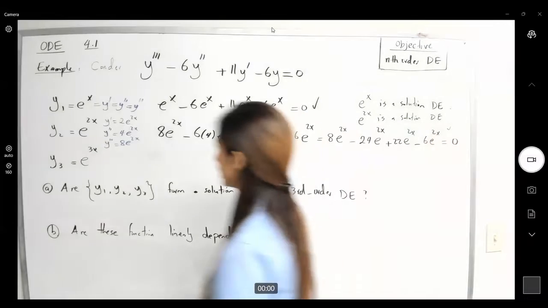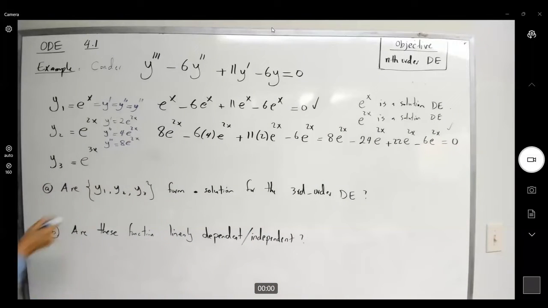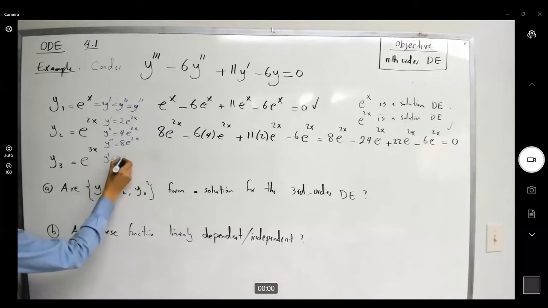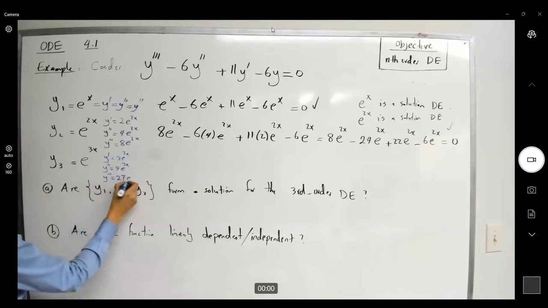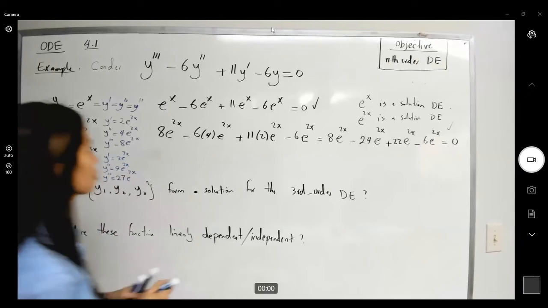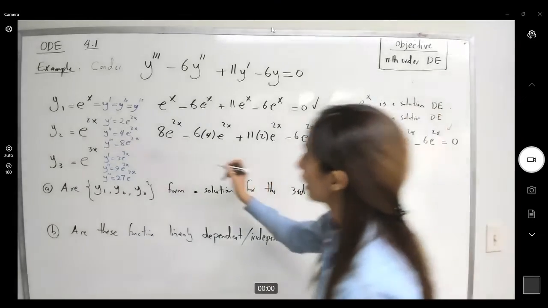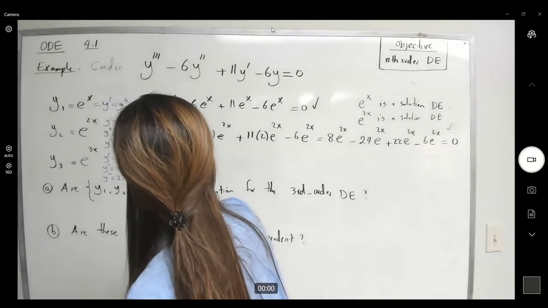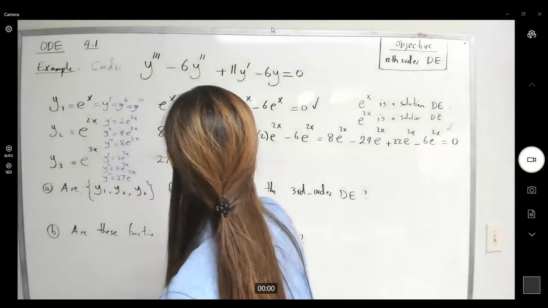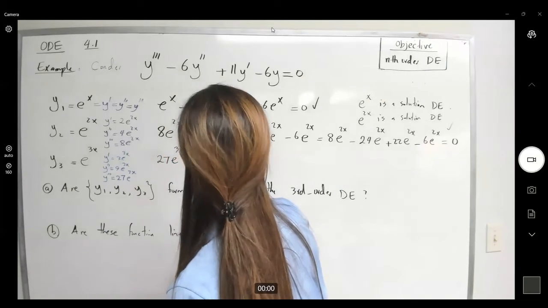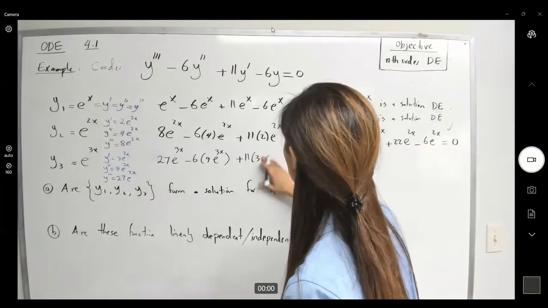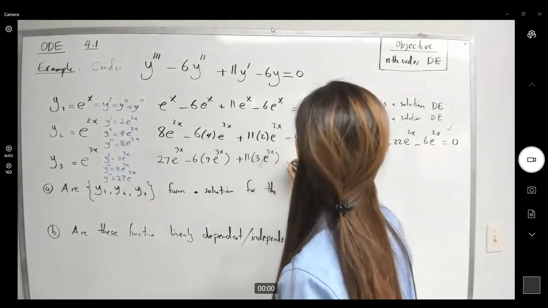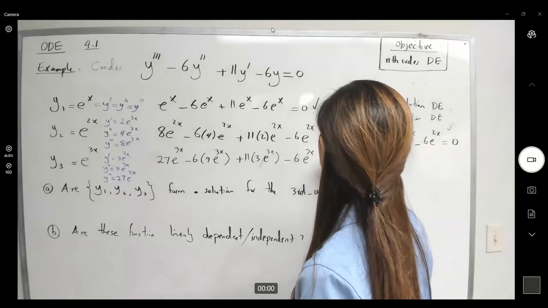And finally, e to 3x. For e to 3x, the first derivative is 3 e to 3x. The second derivative is 9 e to 3x. And the third derivative is 27 e to 3x. So let's just plug that in. Here we have 27 e to 3x minus 6 times 9 e to 3x plus 11 times 3 e to 3x minus 6 e to 3x.